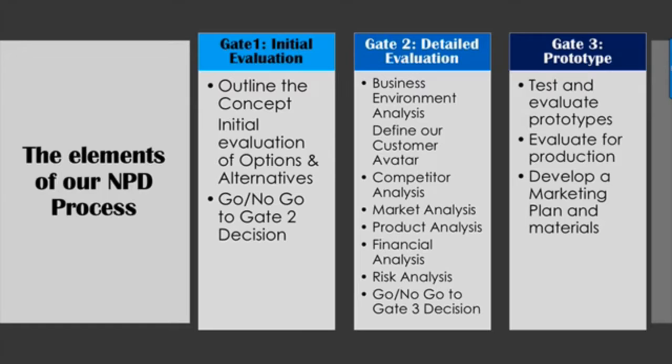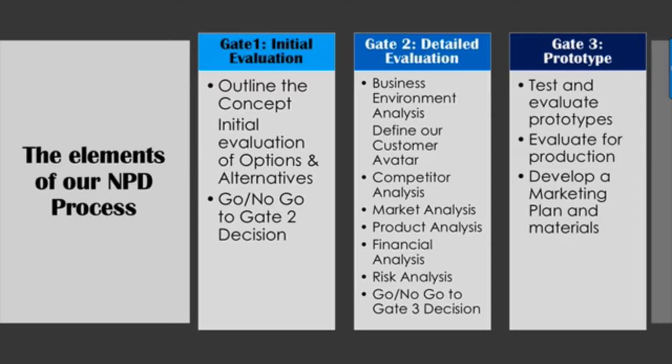We need to evaluate, once we're making the prototype, whether we can actually take it into production. So we evaluate for production, and then we need to develop a marketing plan and materials and be ready to go. And if all that's fine, then we'll move into some sort of production phase, or we'll shelve it for a later date, or we'll rework it and come back through the prototype phase again, or we take it to market.